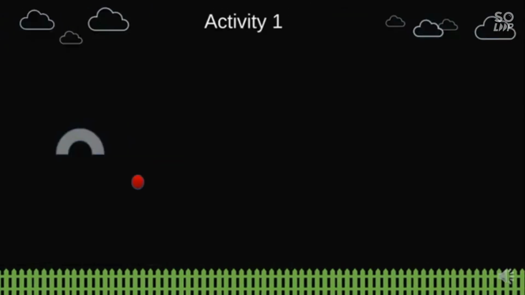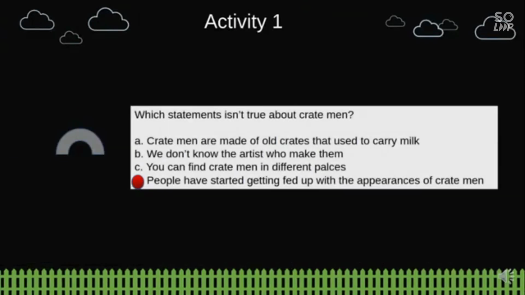And then the last question, the answer will be D. People have started getting fed up with the appearance of crate men. So actually, all three statements A, B, C are true, because yes, crate men are made from old crates that used to carry milk, as you can see in the picture. And then we don't know the artist. Yes, this is an anonymous artist from Melbourne, Australia.